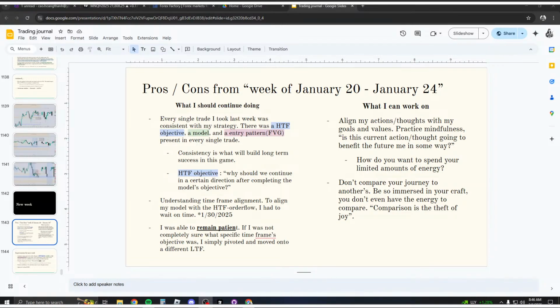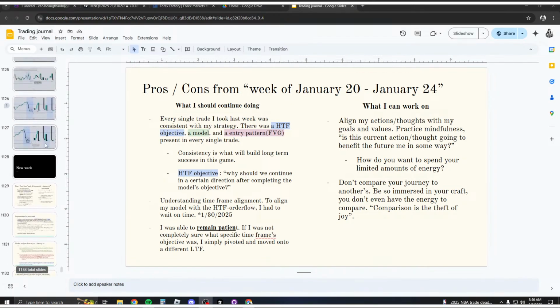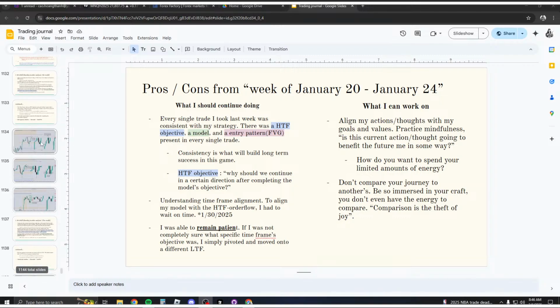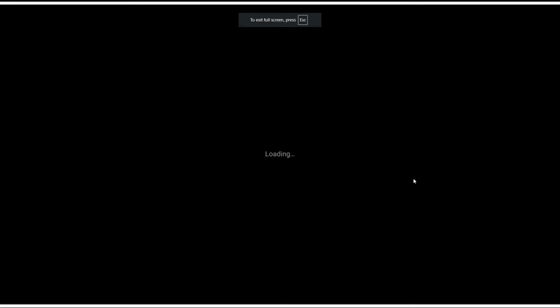Second thing here, understanding time frame alignment. It's better to show you guys with the actual charts than just saying it. So time frame alignment, think of it like this.